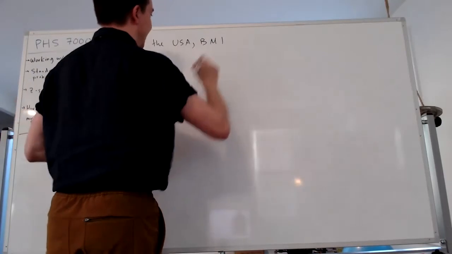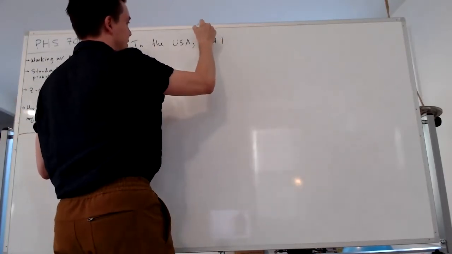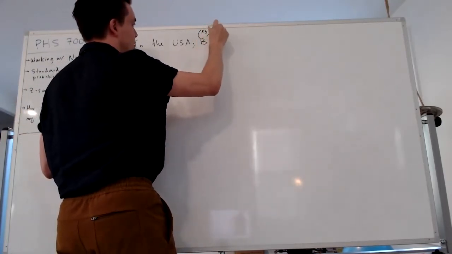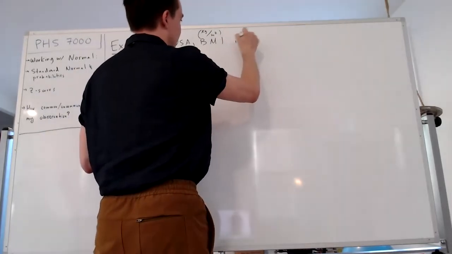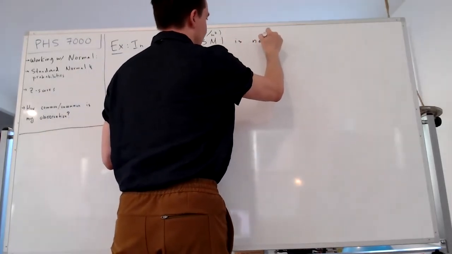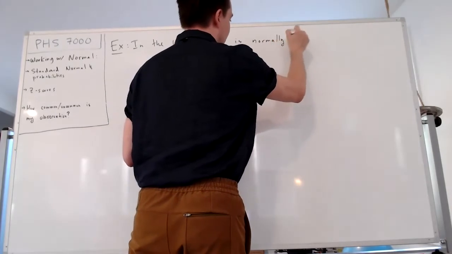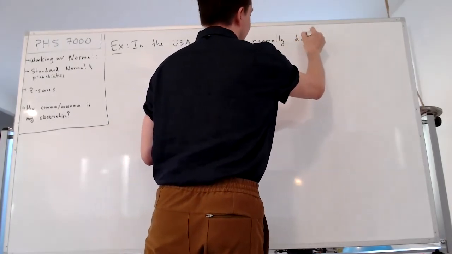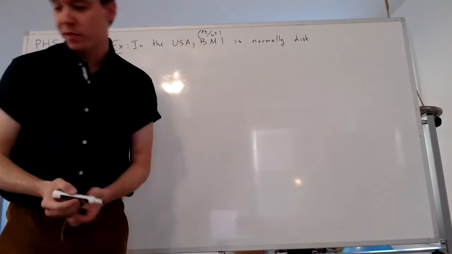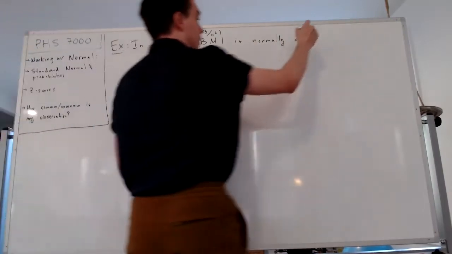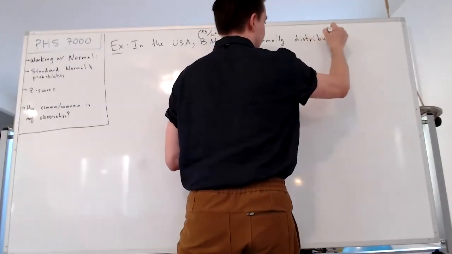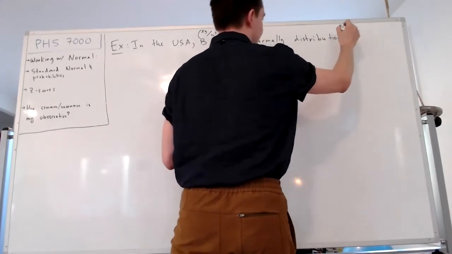BMI, body mass index, by the way, I think this has units of kilograms per meter squared, is normally distributed. And probably more realistically, it is approximately normally distributed. But for this class, we will call it normally distributed.